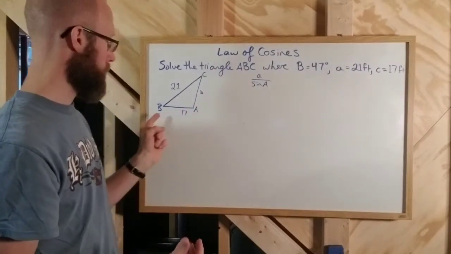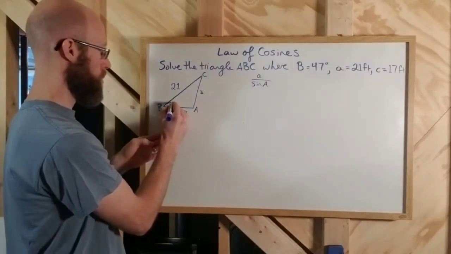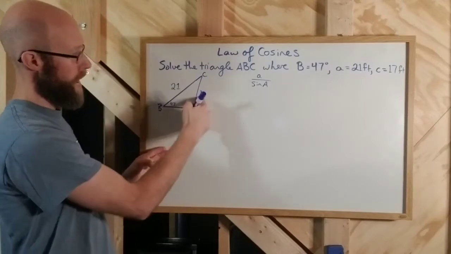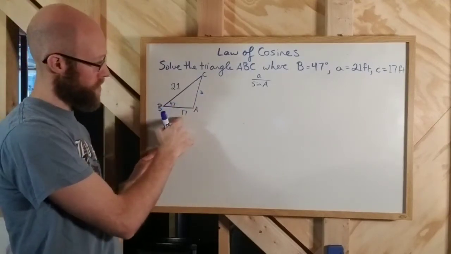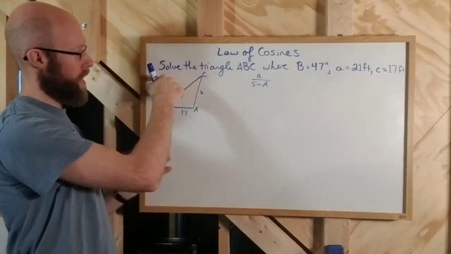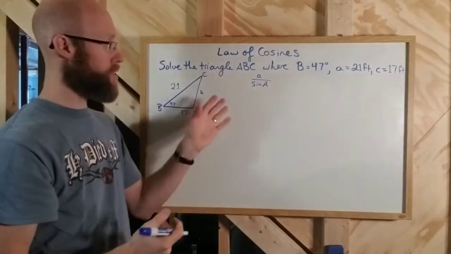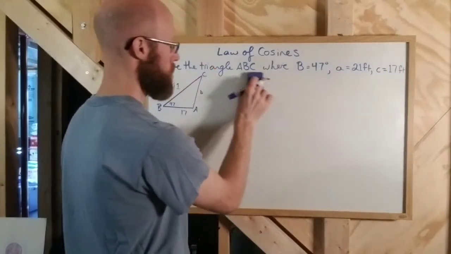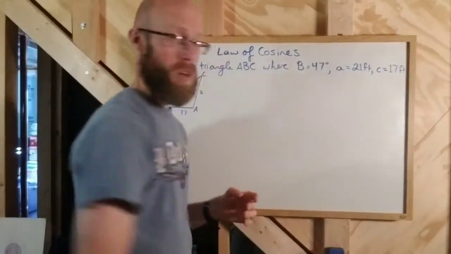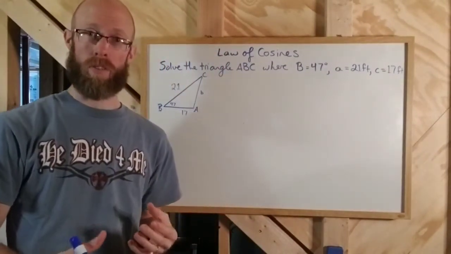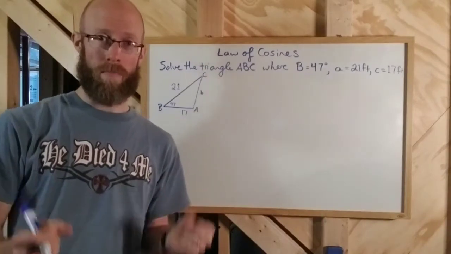But here, I don't have that scenario. I have an angle, but not its opposite side. I have a side here, but not its opposite angle. And I have a side here, but not its opposite angle. So I don't have the combination I would need to use the law of sines. So the law of cosines is necessary because it doesn't require that.